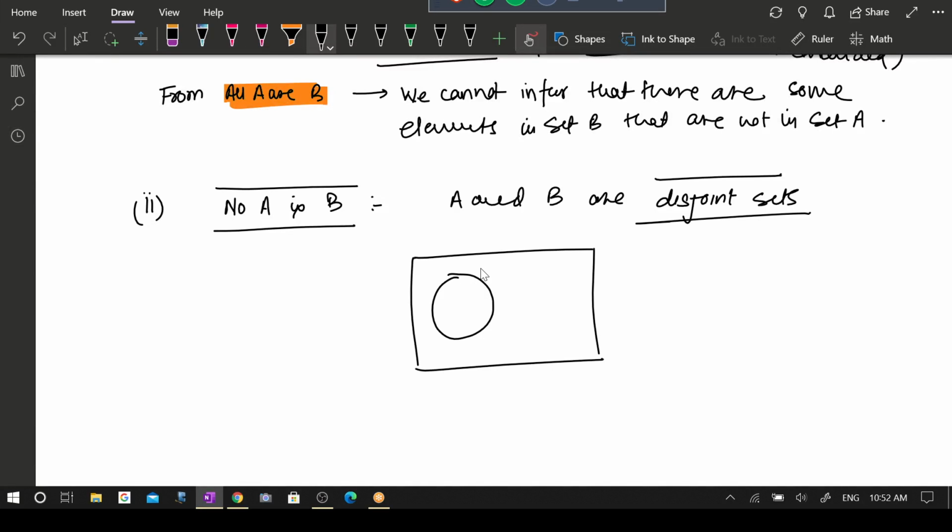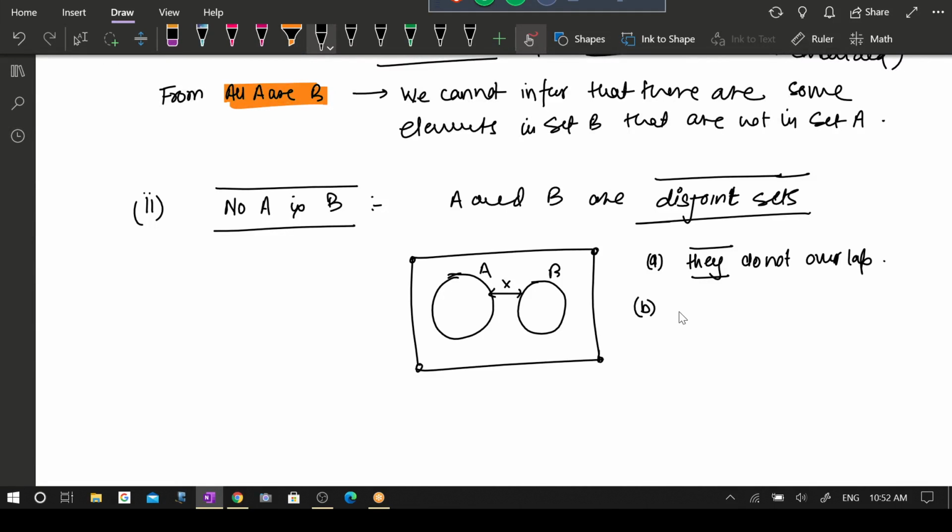We can make a line also and say there is no relation between A and B. So there is no relation between A and B. They are disjoint sets, right? Which means set A and set B, they do not overlap.